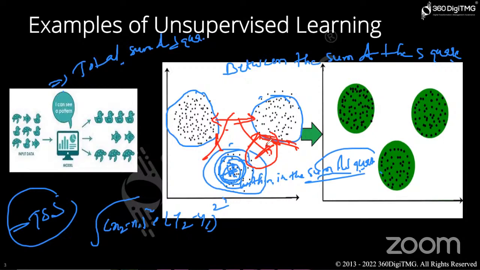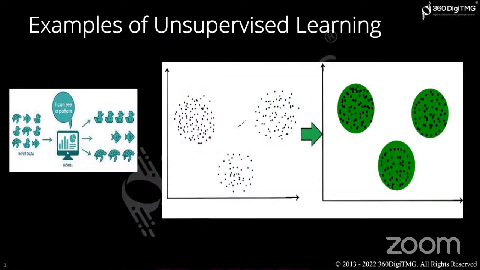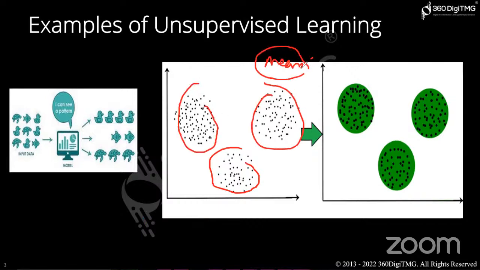This is the variance we are talking about. Whenever the clusters are formed, we calculate the mean, the average of these clusters. The difference should be as high as it can be. Then only do the clusters we have formed make sense.